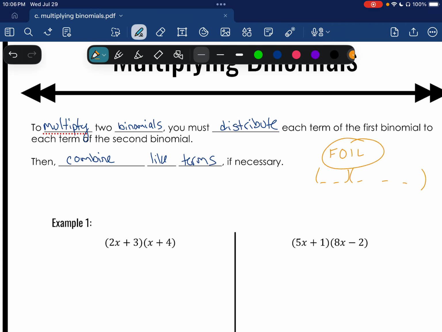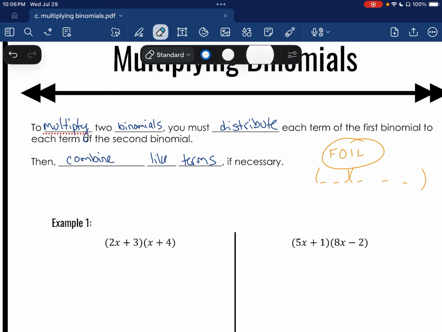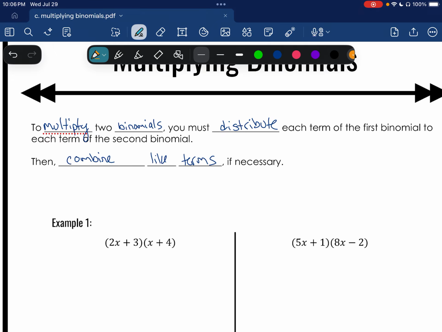And so that's why most of the time you'll hear me talking about distributing or expanding, not so much using that acronym FOIL, just because I want to teach you something conceptual that's always going to work and not something that's like a quick hack for getting through a couple of problems, but then you can't bring it with you into the future.